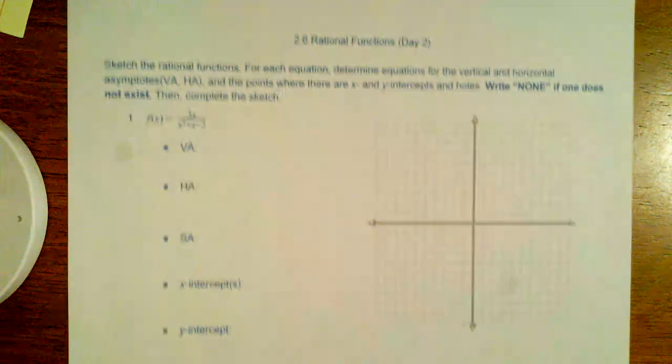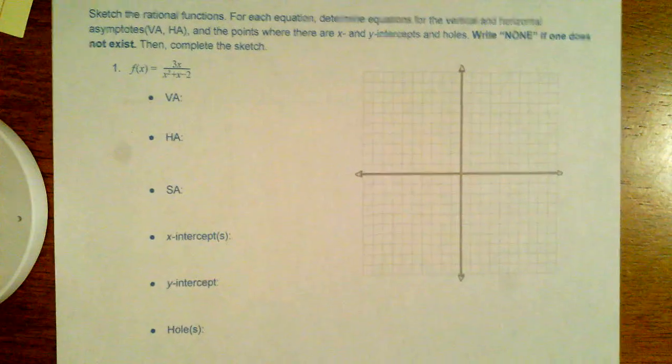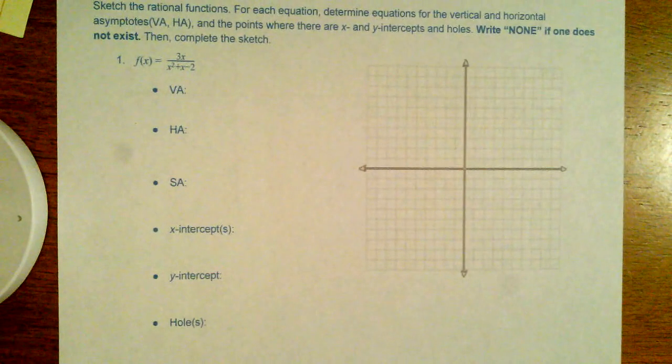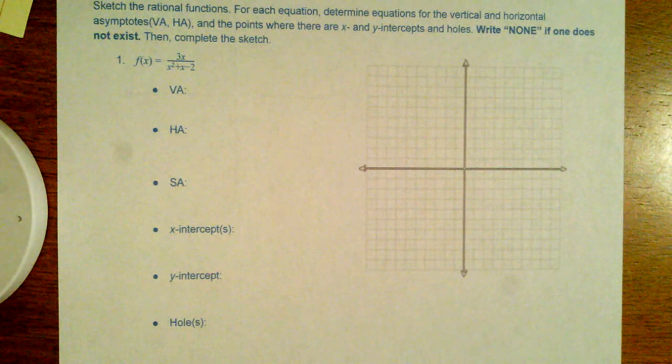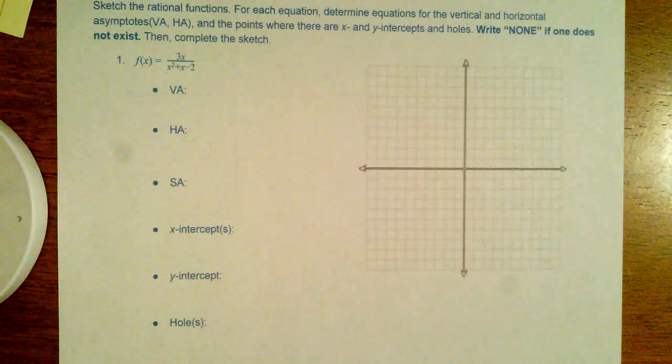So for our first function, I have f of x equals 3x over the expression x squared plus x minus 2. The first thing that's going to be important to us is to get our rational function in factored form. So pause the video and factor the denominator.